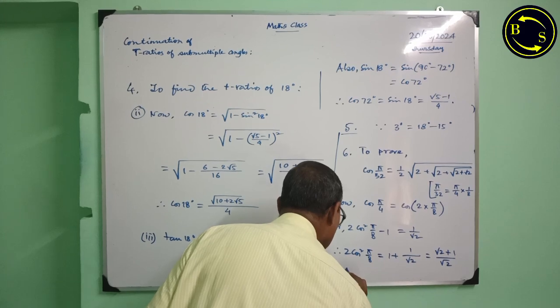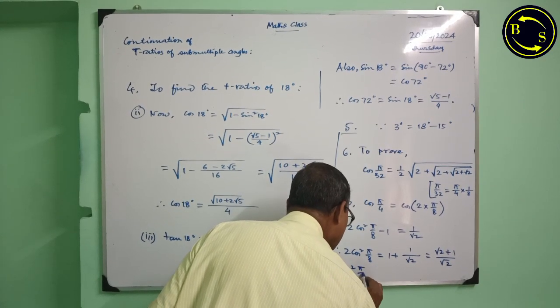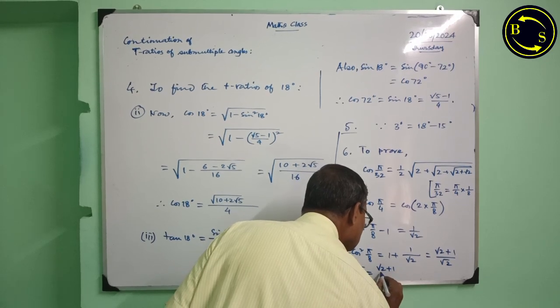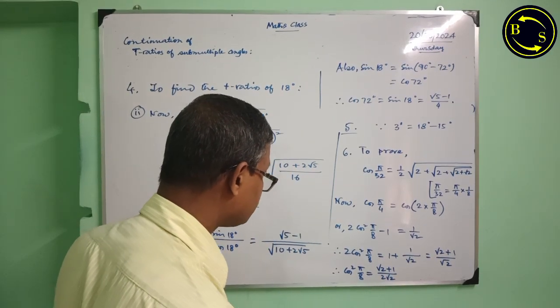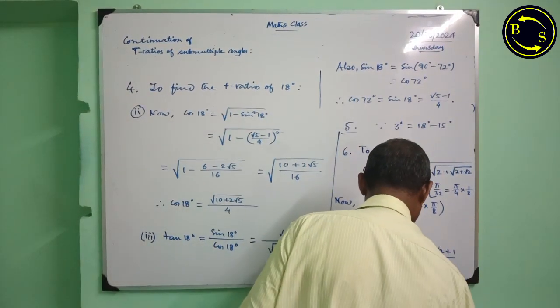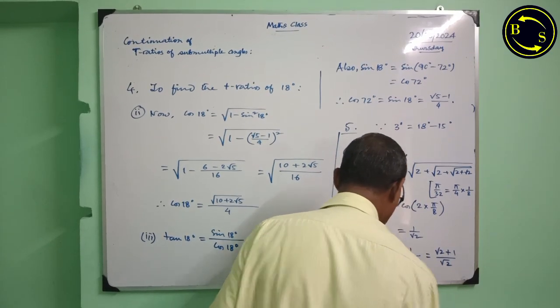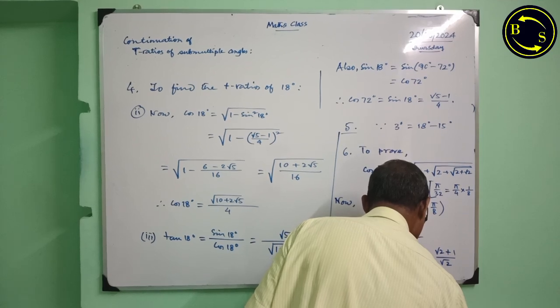Therefore cos square pi by 8 is equal to root 2 plus 1 by 2 root 2. We multiply both numerator and denominator by root 2, so that it will be 2 plus root 2 by 4.